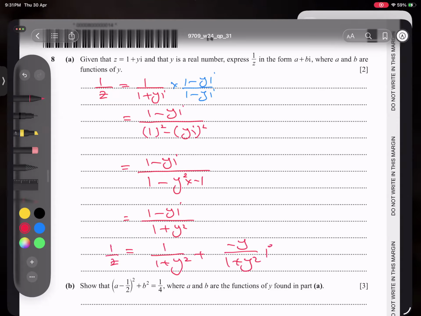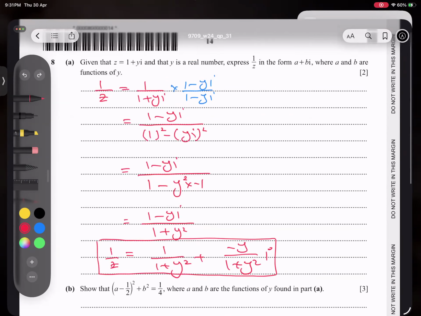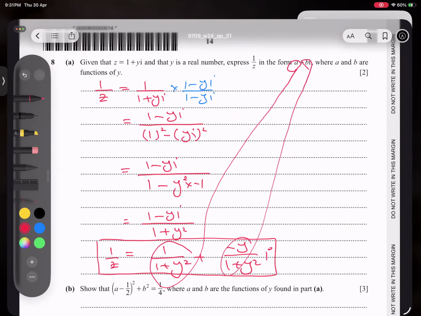And he was asking to convert that form. So the first part is completely over. In the second part, he is asking to show this expression is equal to 1/4. Okay, students, and he said a and b are functions of y found in this one. So basically this is equal to a and this is equal to b.